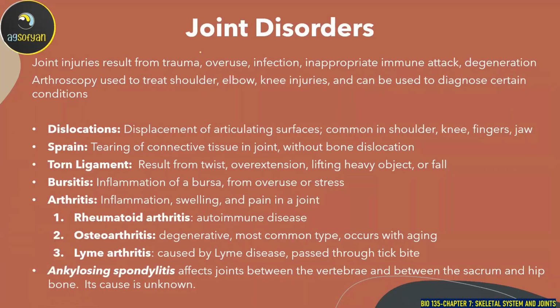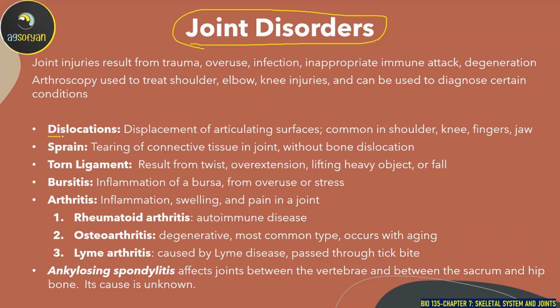Okay, now we go to the last one, which is joint disorders. This is the condition when the joints have a problem, maybe because of sport or because of older age, or because of less production of synovial fluid, for example. It can cause problems to the joint.